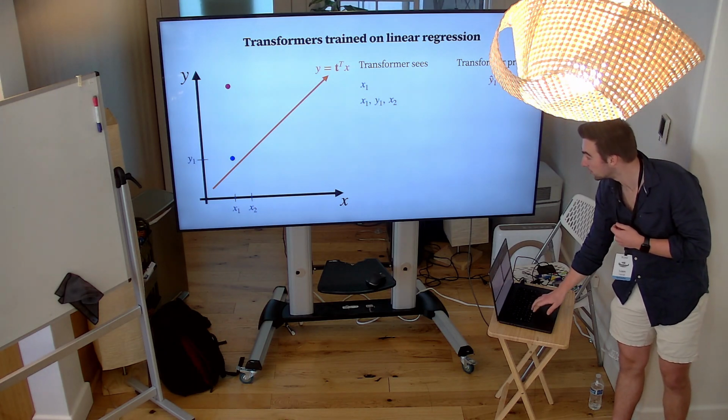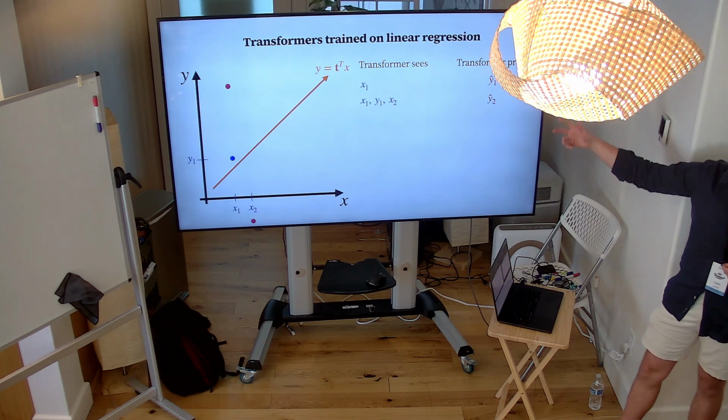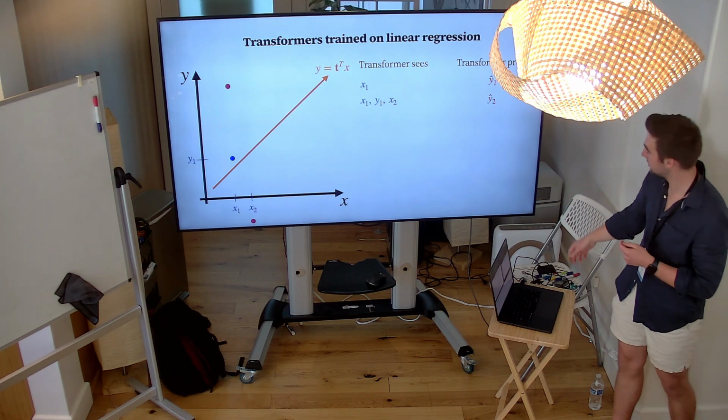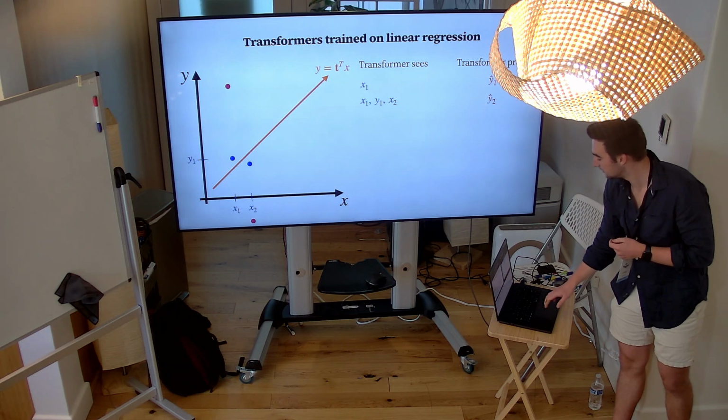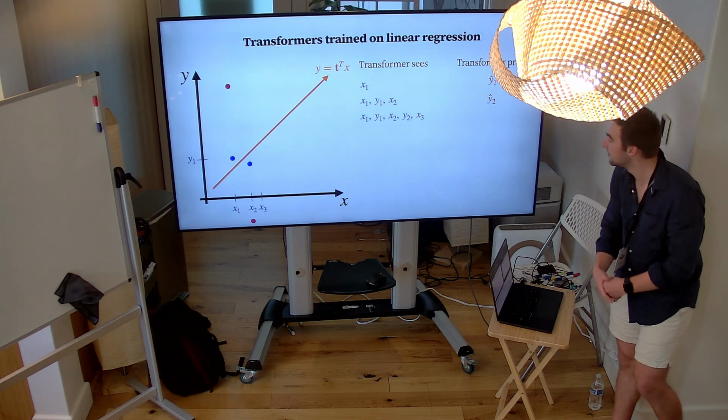So the transformer predicts, the purple dot down the bottom there, again very far off this latent linear regression task, and we can then feed in the actual y value, calculate the loss, and so on.